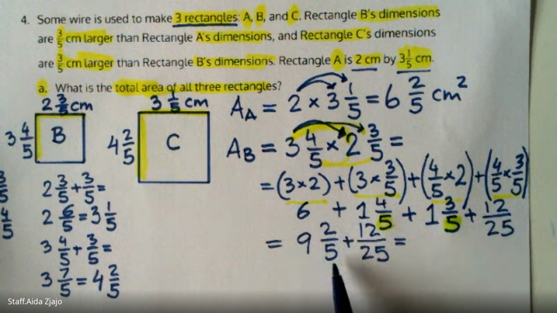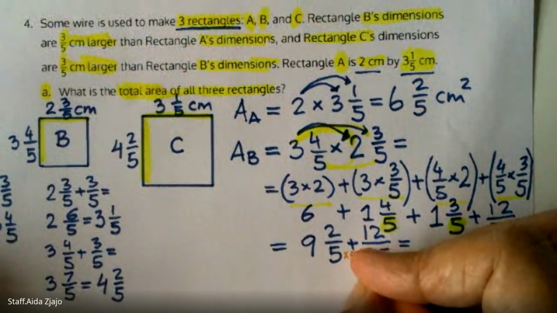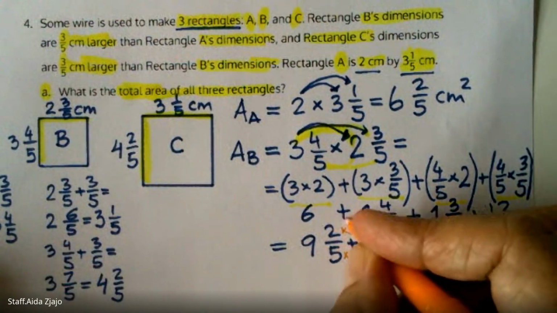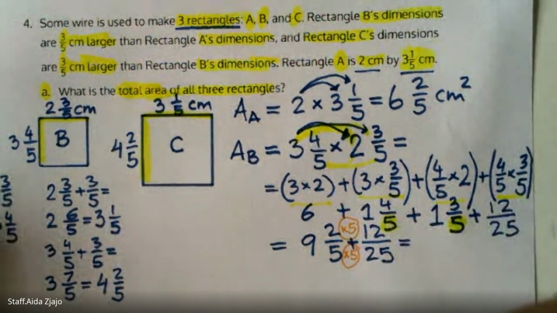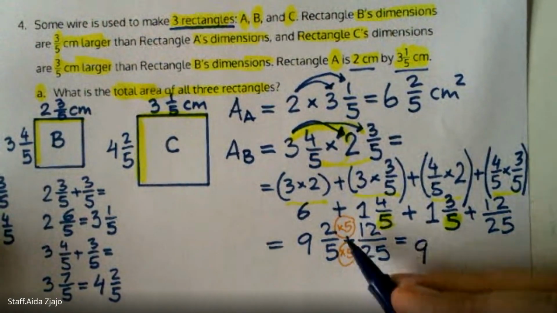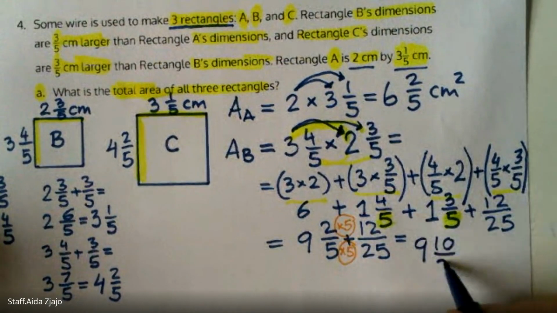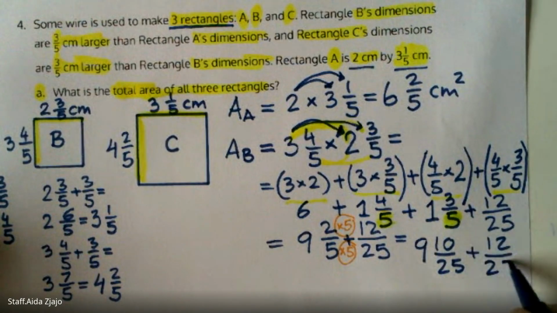9 and 2/5. Now I'm changing this by multiplying numerator and denominator by 5 to get 9 and 10 25ths plus 12 25ths.